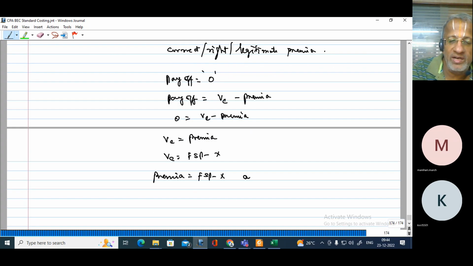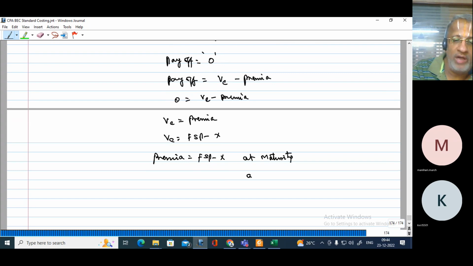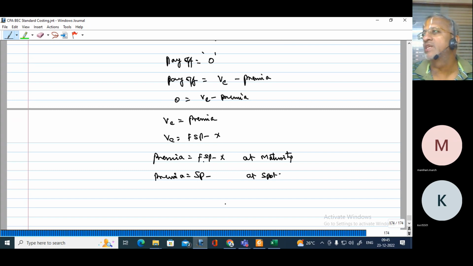This is at maturity, because I am using the term future spot price. Whereas at spot, premium is expected to be not future spot price minus PV of exercise price. One moment.